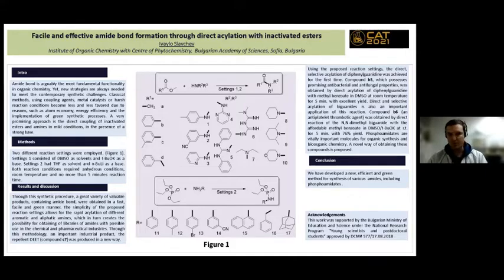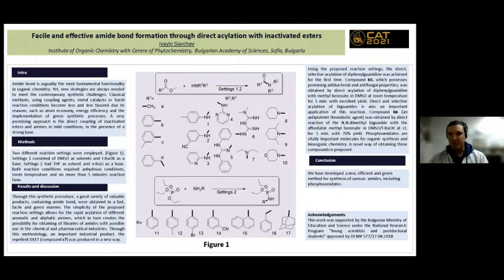So new approaches have been developed in the last few years, and a very successful and promising one is the direct coupling of amines and inactivated esters, which means ordinary methyl or ethyl esters.